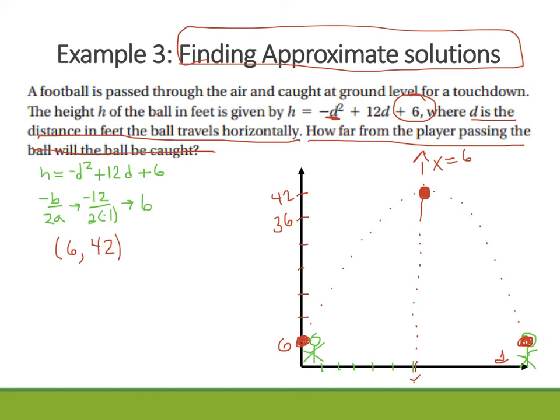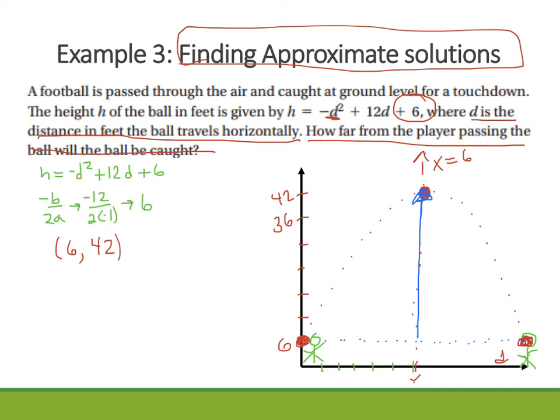So when you're looking at this, how far is that ball traveling horizontally? Vertically, it's going up this distance. So that's vertical. But how far is the ball traveling horizontally?